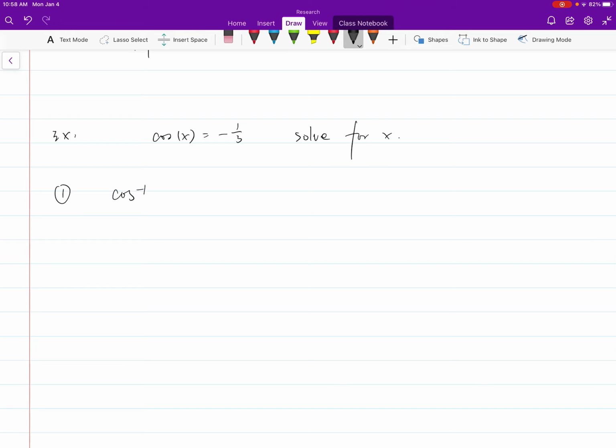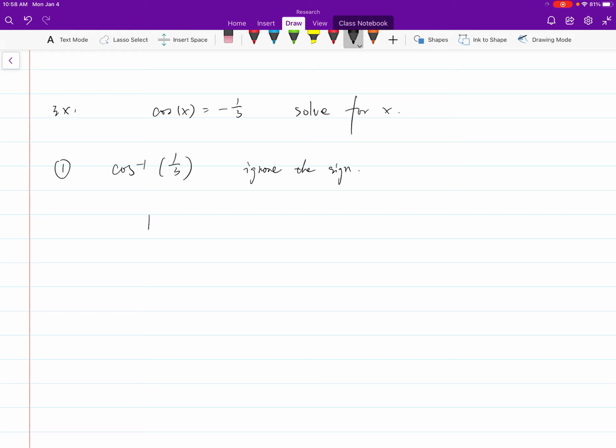Number 1, do cosine inverse 1/3. For 1/2, we can get a special angle, but for this case, we cannot have a special angle. So just keep it that way. Ignore the negative. No matter whether it's positive or negative, always do the positive one. The good news about this is, once you do that, you will always have some angle in quadrant 1.